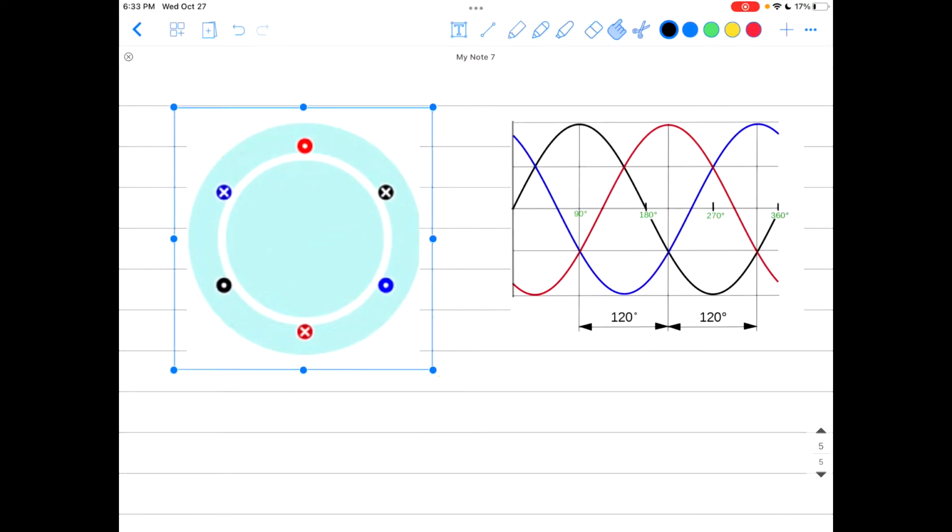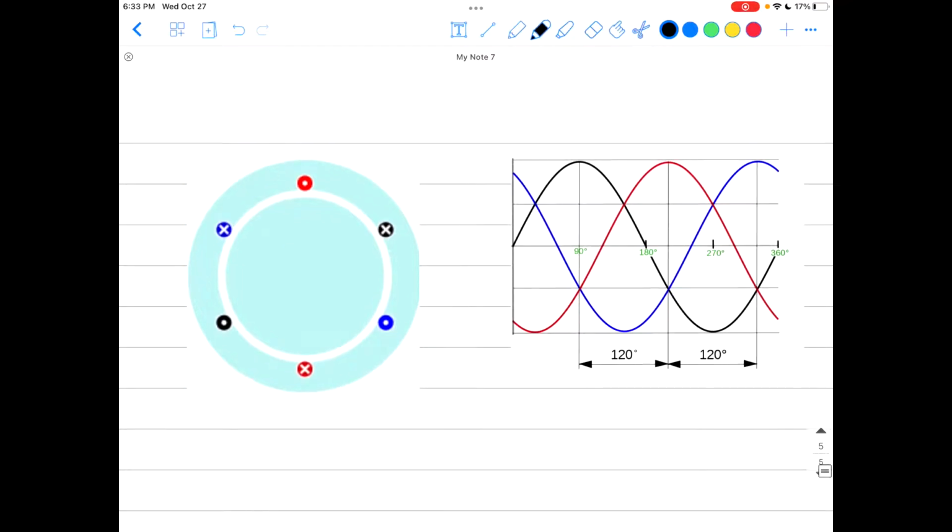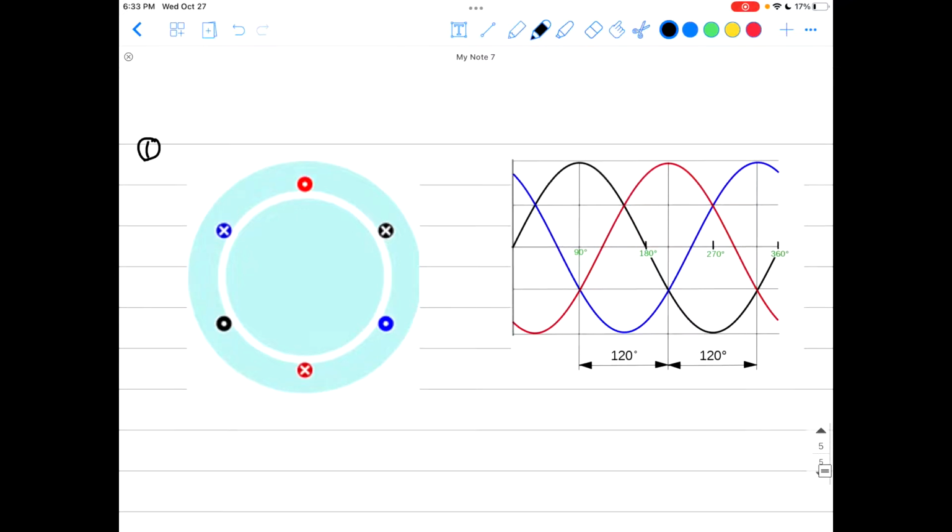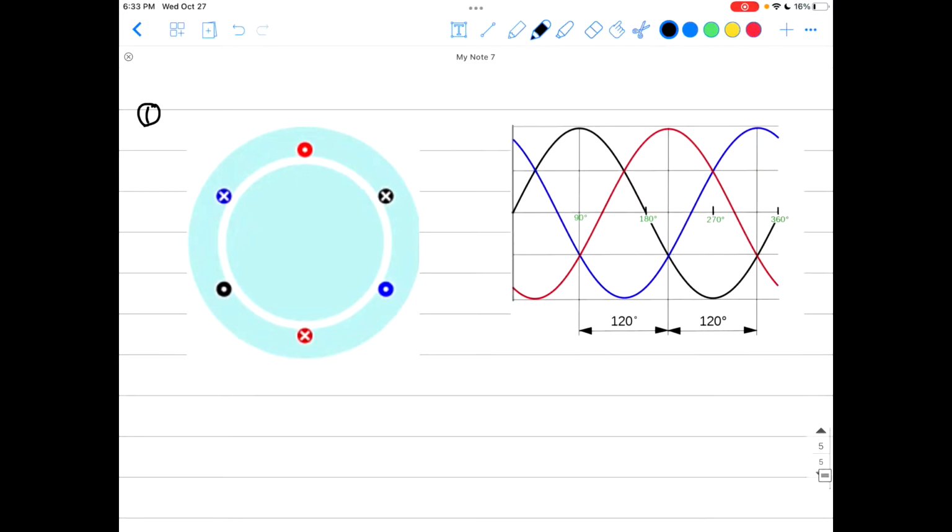And I'm going to take just one instant of them. So that is instant 1, and I'll just choose this instant here. So at this time here, let's look at the voltages, okay?